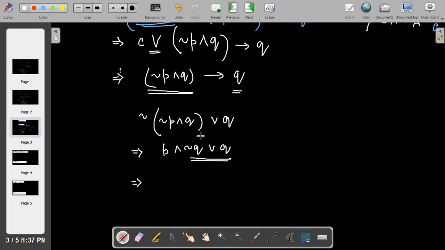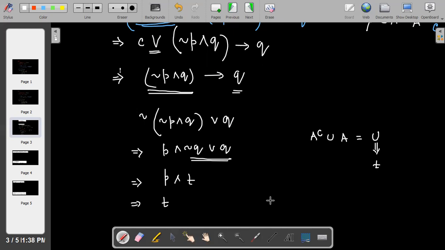So what we have here is basically A complement union A. That is the universal set U. And here universal set means tautology T. You can write small t. So tautology T. So this is P and tautology T, and with the universal set, whatever you do, you get tautology.